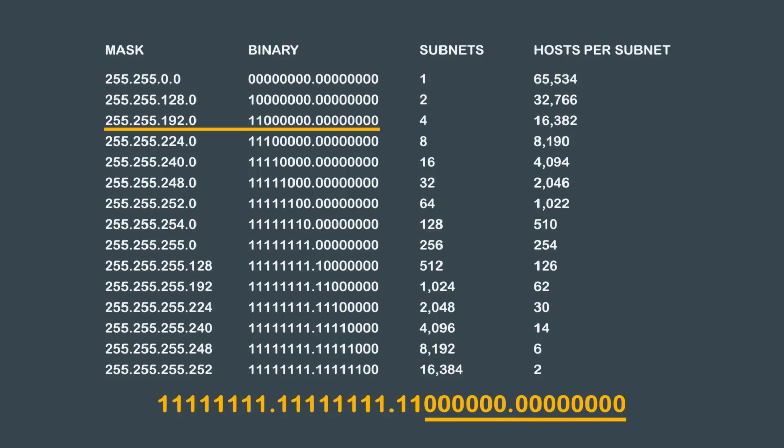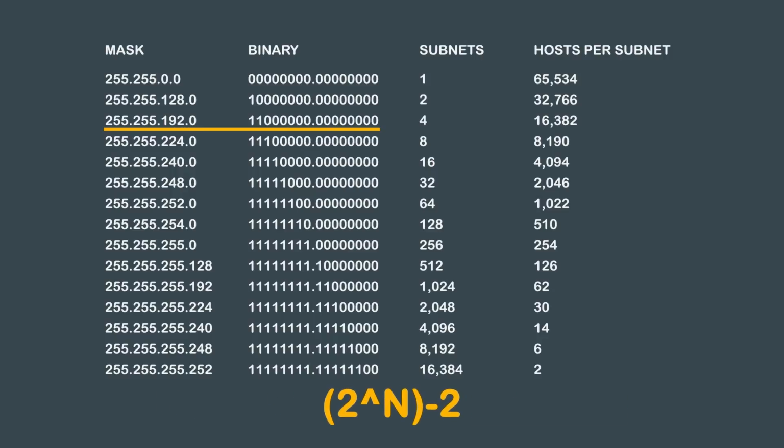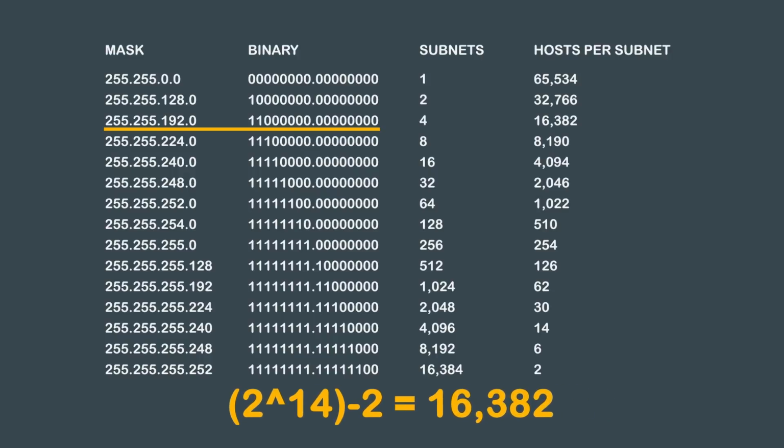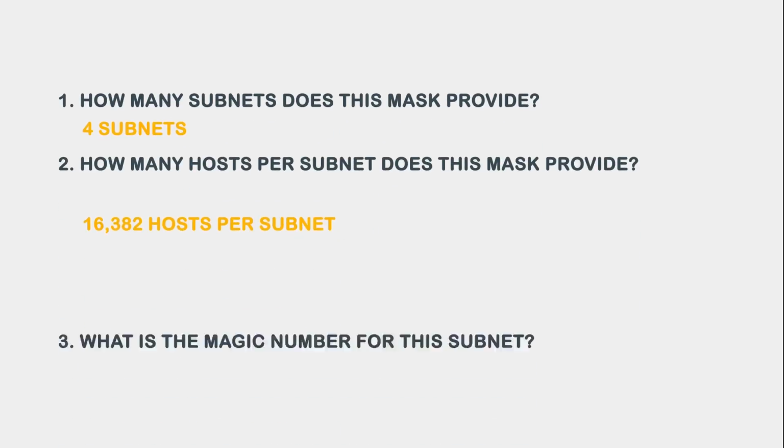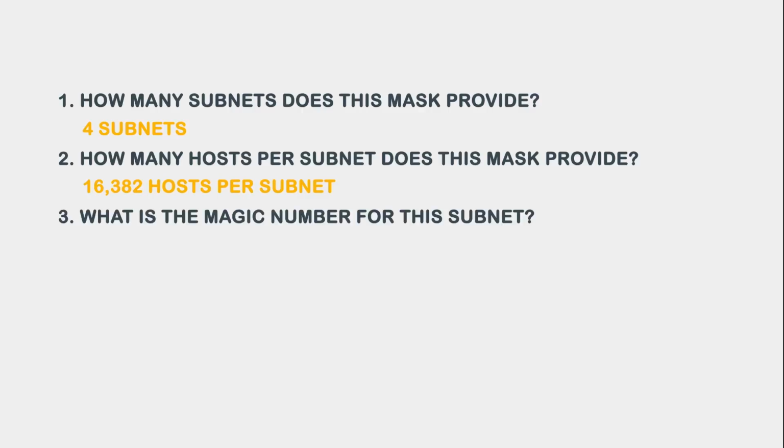As you can see, we have 14 available host bits. Using our 2 to the power of n minus 2 formula, we get 2 to the power of 14 minus 2, so our answer for question 2 is 16,382 hosts per subnet.